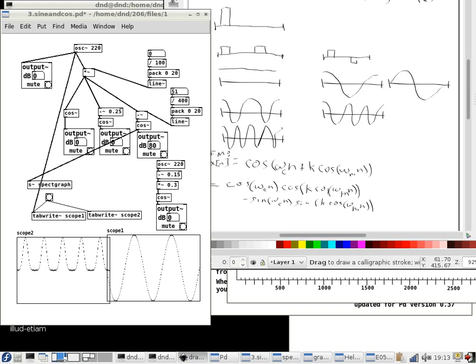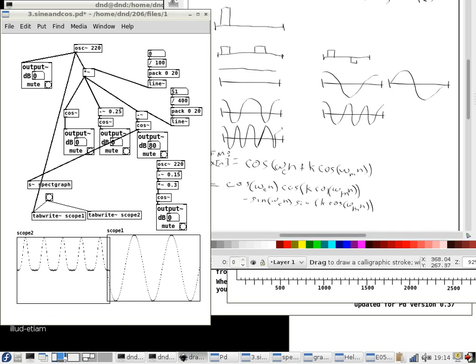So we'll adjust the amplitude of this cosine by this index. This is, by the way, going to be the modulating frequency. And then we're going to take the cosine of that, and then all we would have to do to get the FM spectrum is ring modulate that by another sinusoid whose frequency was the carrier frequency.